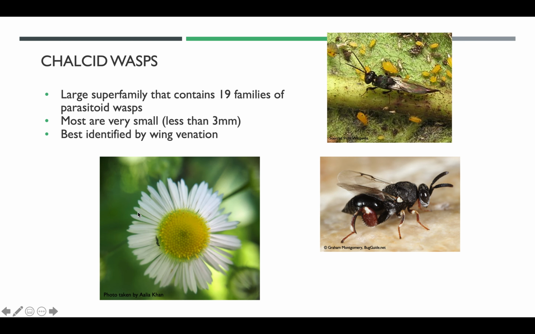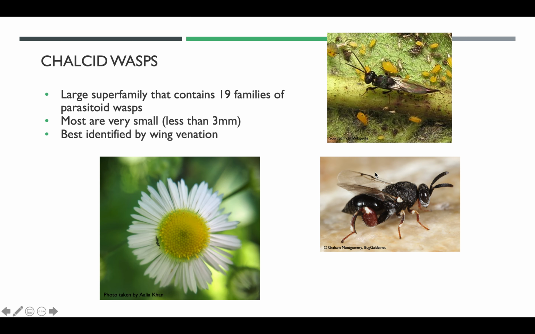All right, Chalcid wasps are also parasitoids, and they are the largest superfamily that contains 19 families of parasitoids. And most of these are very, very small, less than 3 millimeters, and some of the smallest Chalcid wasps are among the smallest animals that we know of, like just a little over a millimeter.